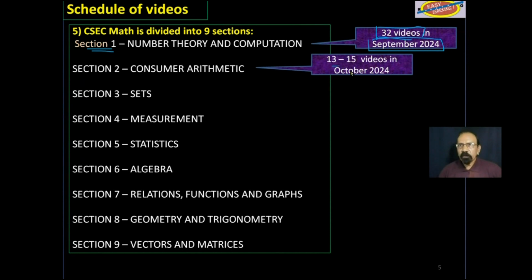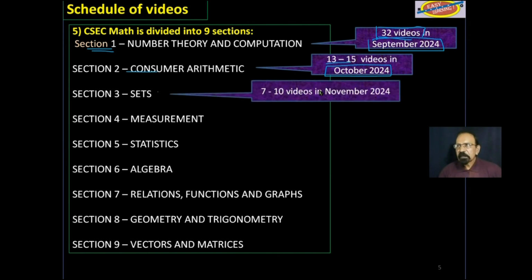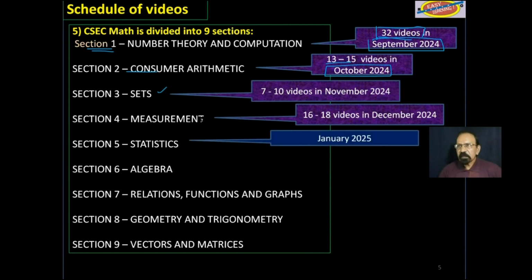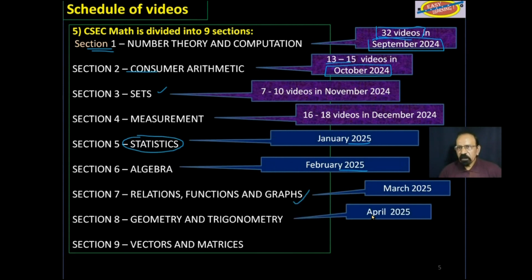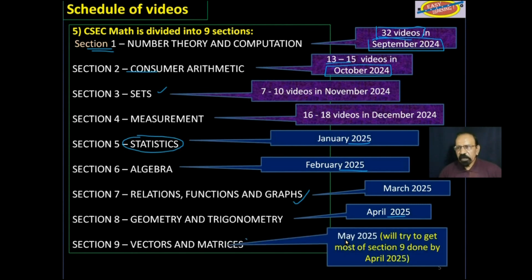Then next month, October 2024, the 13 to 15 videos on consumer arithmetic and so on, sets, measurements, statistics in January 2025, algebra February 2025, March, relations, functions, and graphs, and then geometry and trigonometry by April 2025, and finally vectors and matrices, which I try to finish by mid-May, so that all these videos will be available.